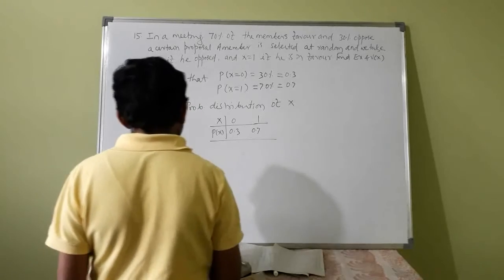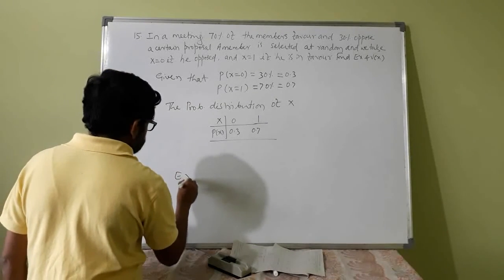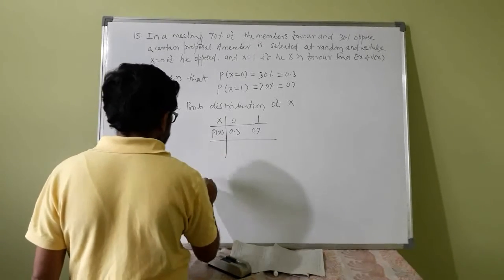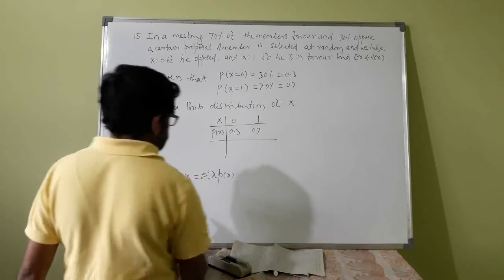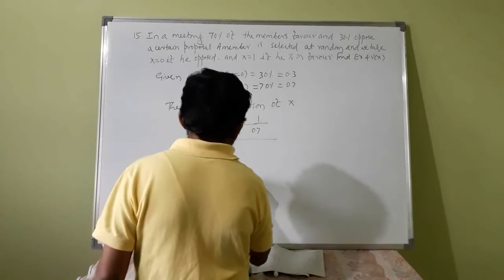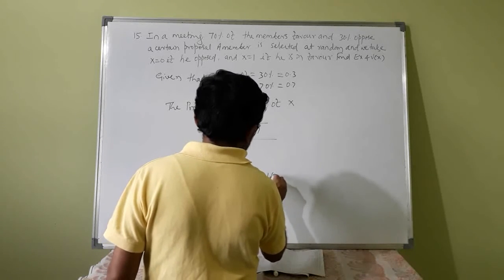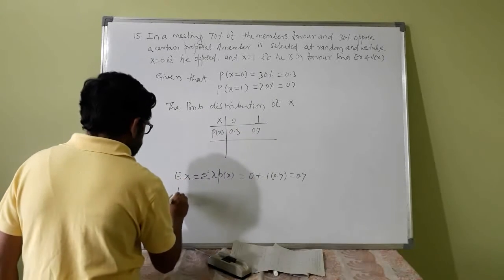Okay, now expectation of x is, two more columns you can write here, summation of x p(x), or x_i p_i you can write. See, 0 plus 1 into 0.7 is equal to 0.7.